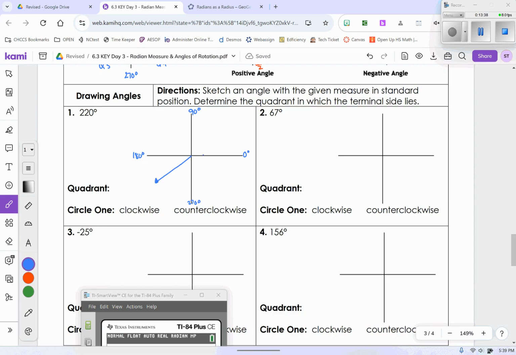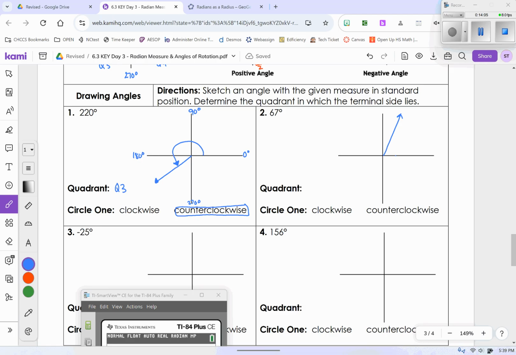We're starting at the positive x-axis and rotating around to where we ended. Yes, you do need to draw that arrow to denote which direction you're moving, because we don't know if it's a positive or negative angle unless we do that. So we can see that this is in quadrant 3 because that's where the terminal side ends, and we moved in the counterclockwise direction.